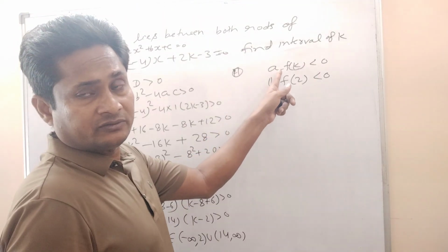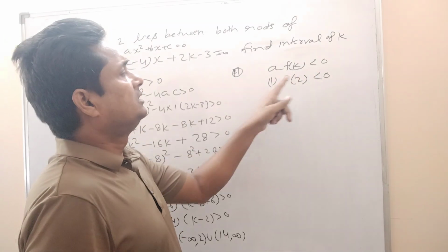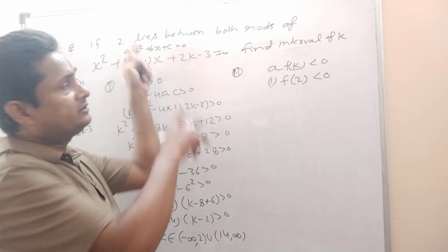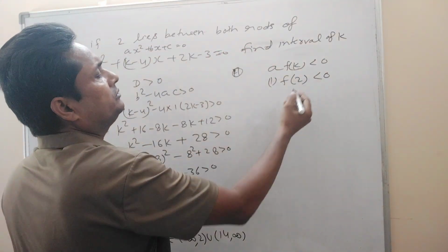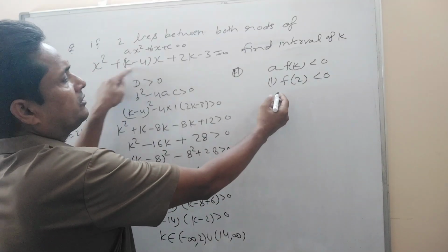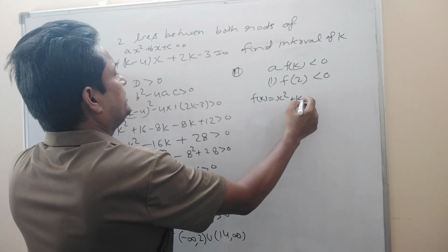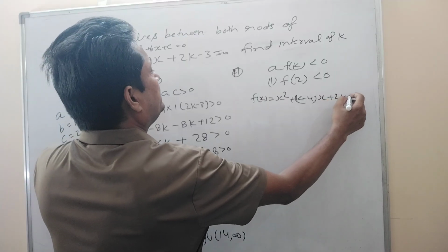Second condition was A times f(k) less than 0. So here k is 2. This k is different than this one. You can take lambda also. So A f(2) will be less than 0. That f(2) you can find out from here. f(x) is x square plus (k minus 4) into x plus 2k minus 3.